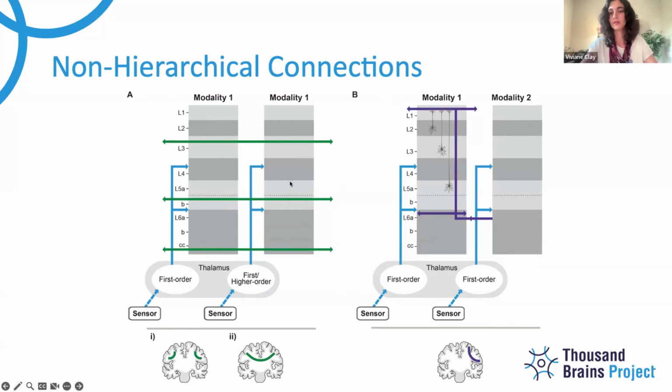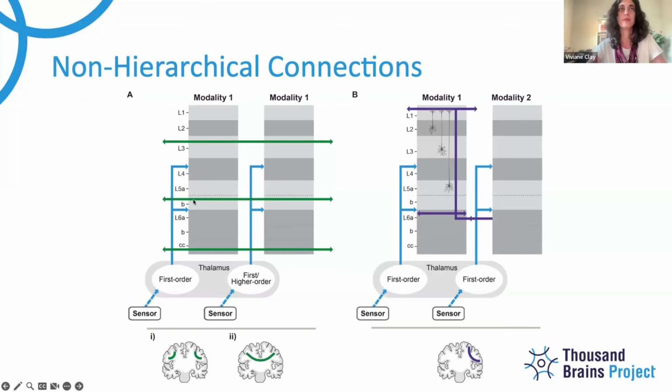So also in V2, you can get direct sensory input. Secondly, what's shown here is that we can have these lateral long-range connections that connect columns within a modality or between different modalities.